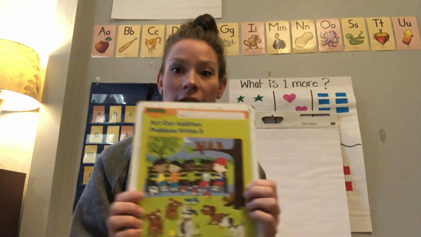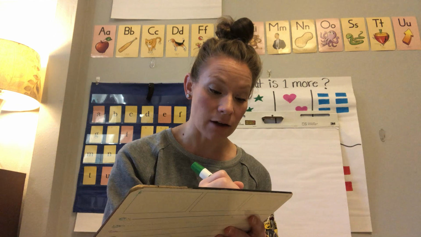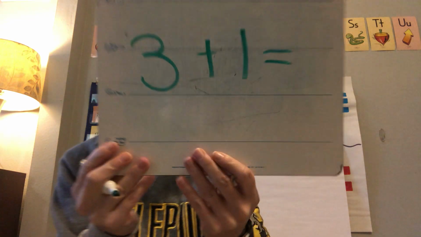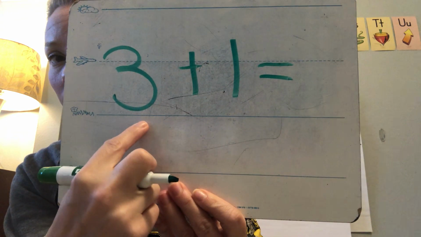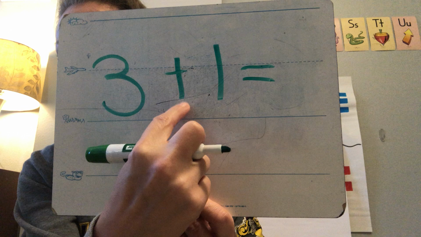Perfect. All right, now addition. This is something that is new to us, and we're going to be using some symbols. An addition problem could look like this on our board. I have a number, I chose 3, then I have a symbol.